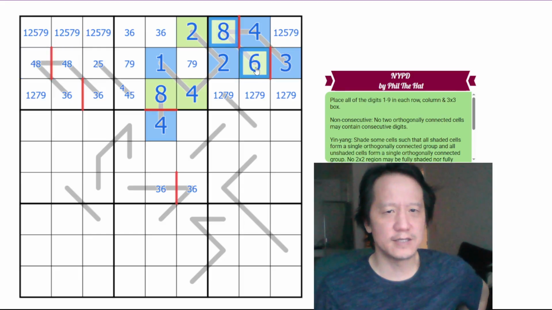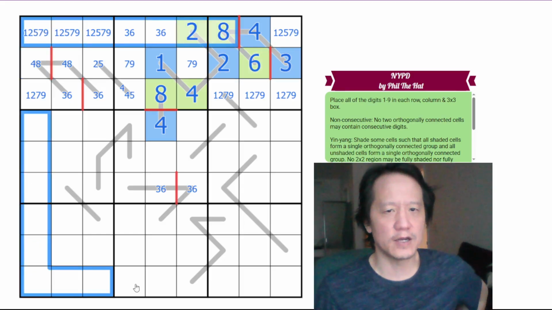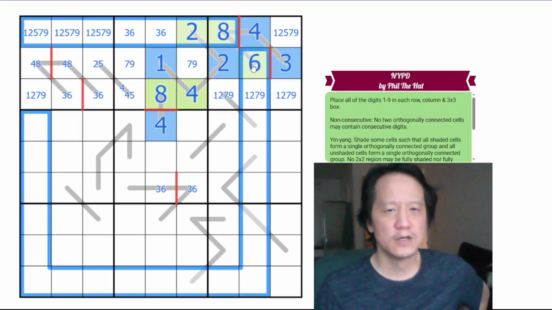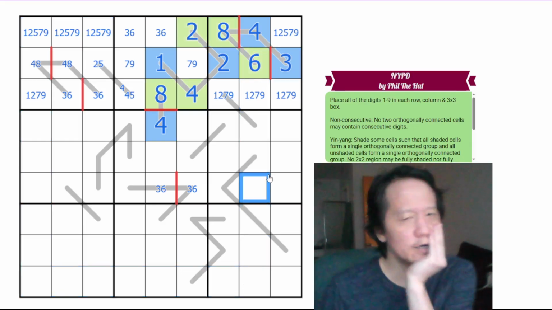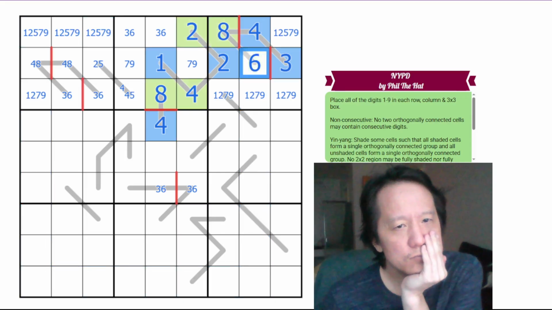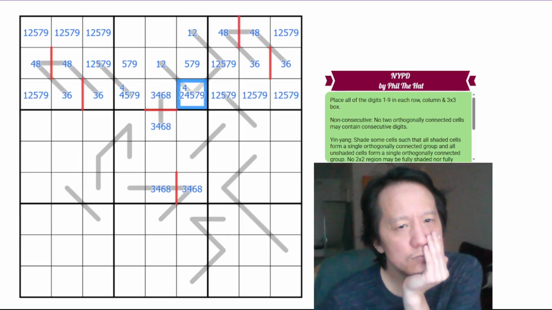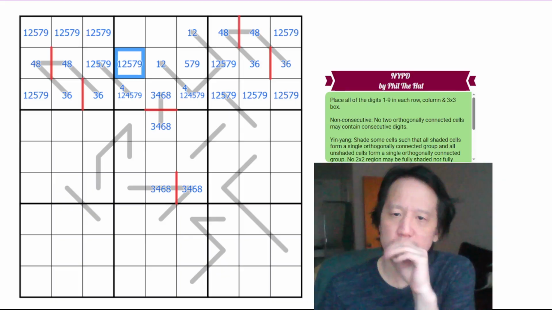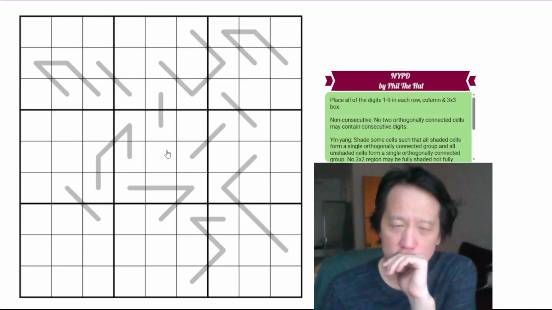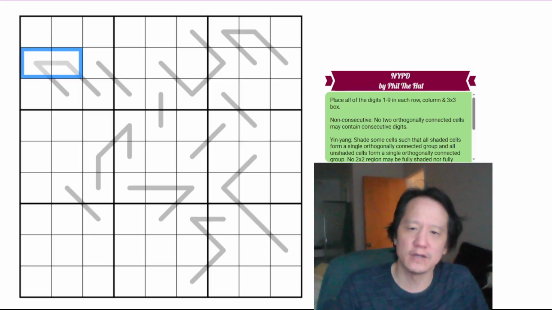But we get this deadly pattern of this green having to essentially... What is going on? Oh, okay.